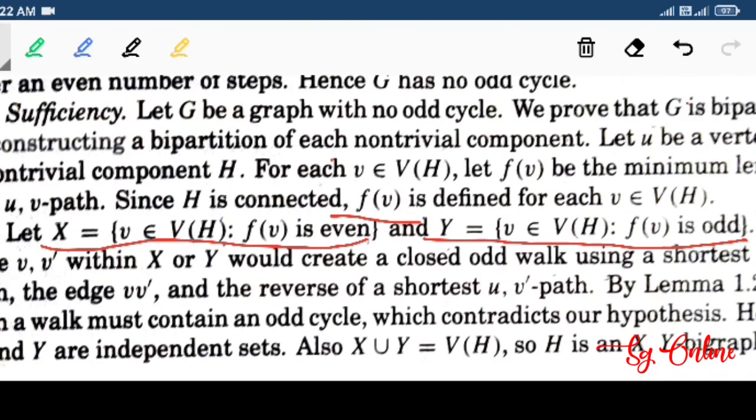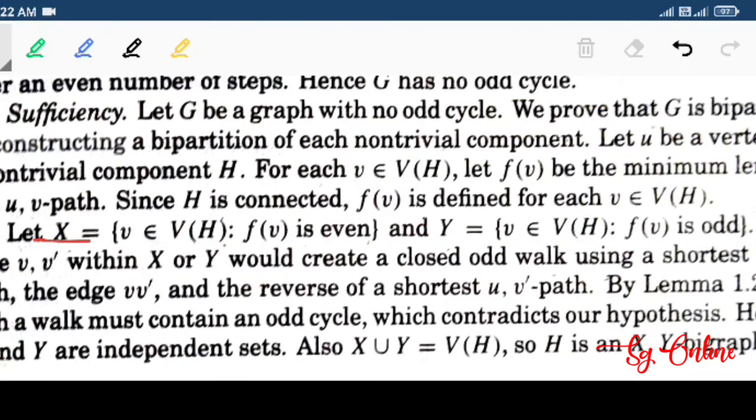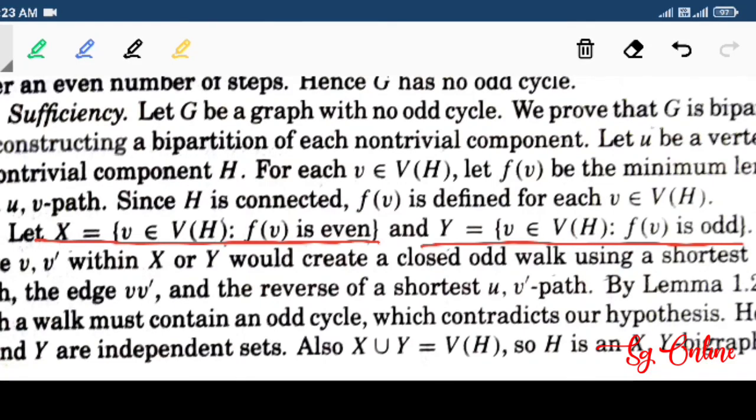By default d(u,u) is 0, so u belongs to the set X. Between these two sets there is no common element, because the distance from u is either even or odd, and also no vertex escapes belonging to X or Y, because the distance is either even or odd.